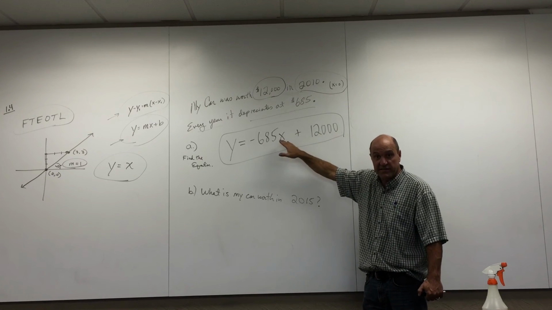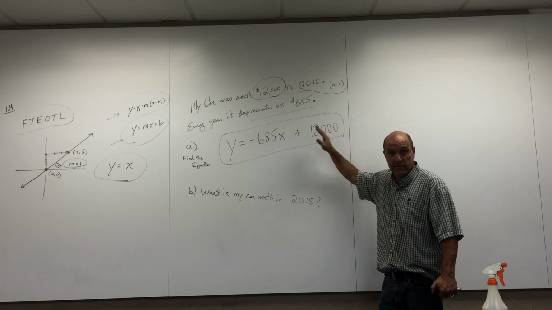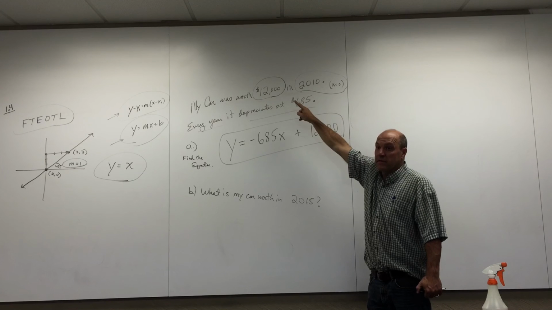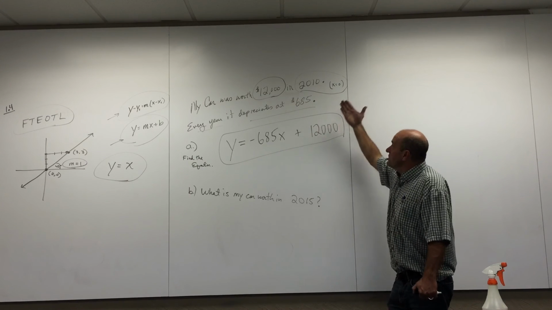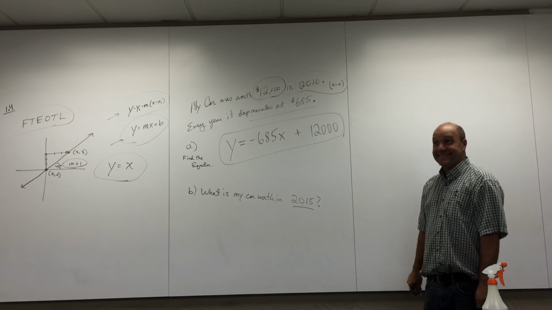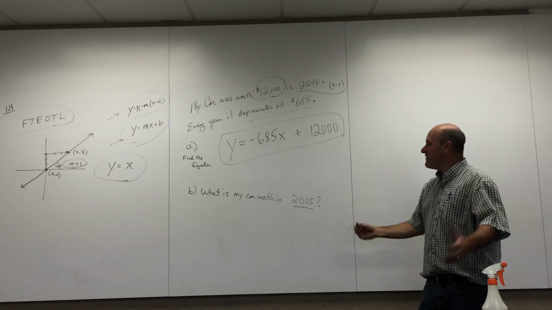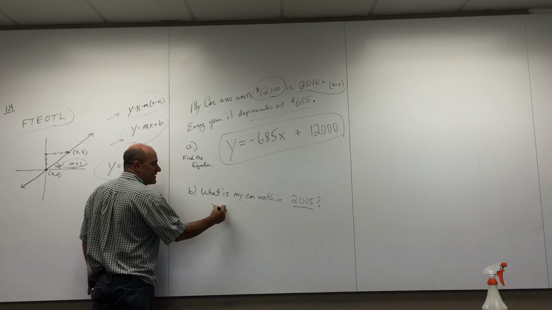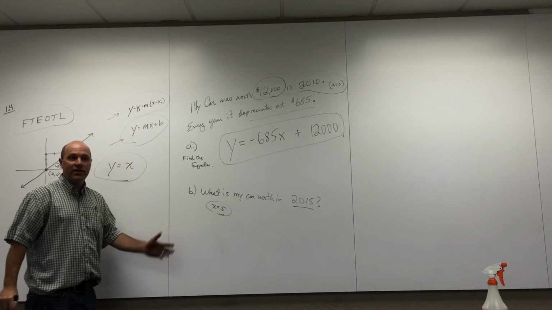You need that to be a 0 for this to be 12,000. You need that to jive. So because 2010 was x equals 0, 2015 is x equals 5. So you're saying plug in a 5. It's easy, isn't it? Plug in a 5 for x.